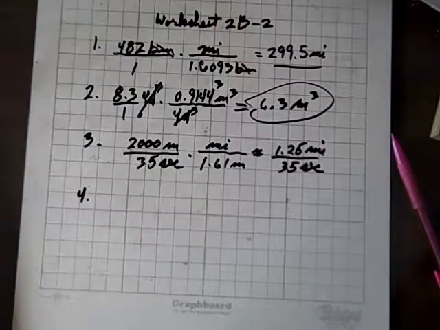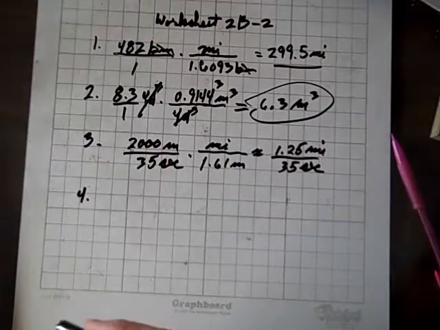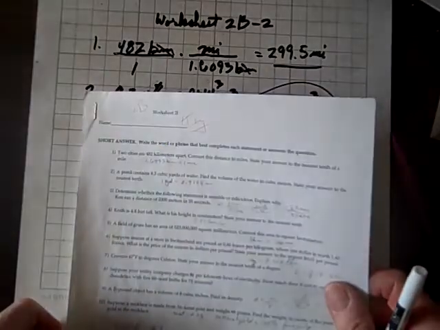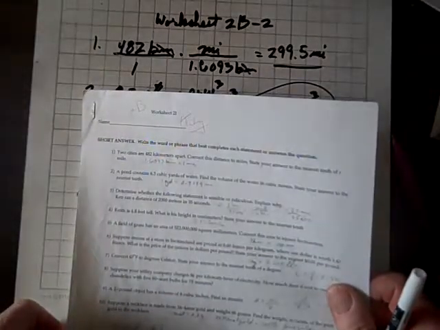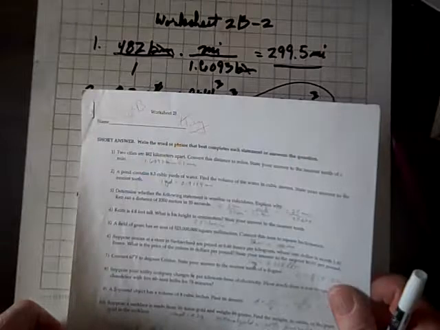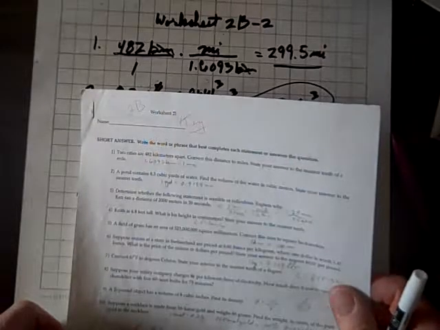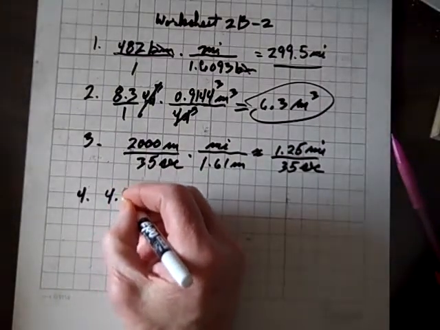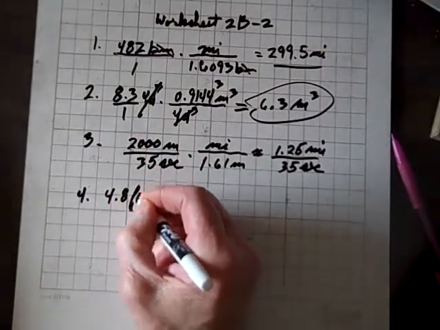4. Let's see what 4 has us doing. Keith is 4.8 feet tall. What is his height in centimeters? Okay, 4.8 feet.